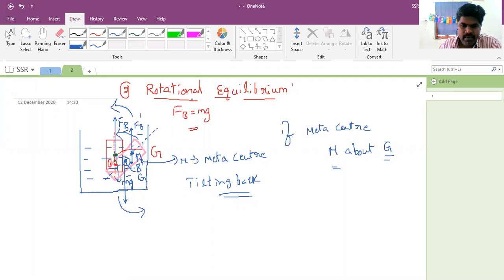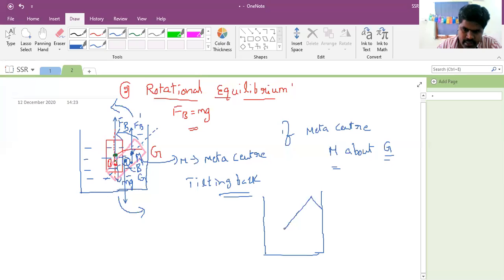Then the second diagram will be a similar diagram. Only the difference is that I am drawing this. This is again the tilted log only. You can take tilted body with respect to original body. So this force line will be there.